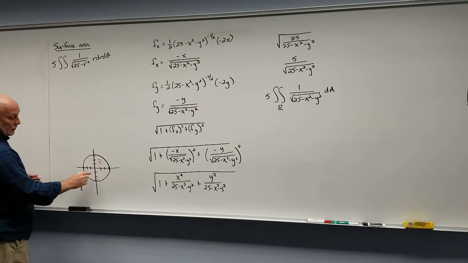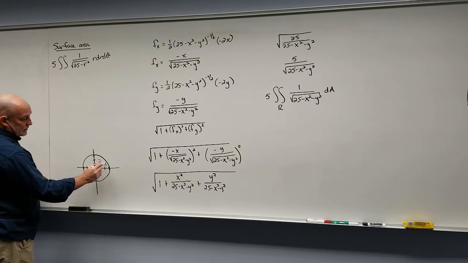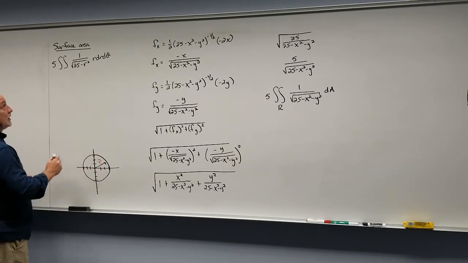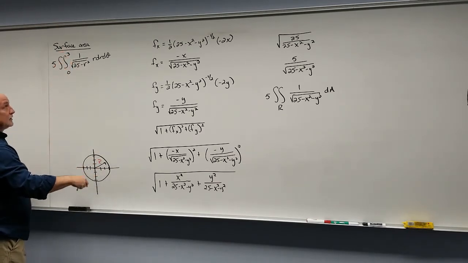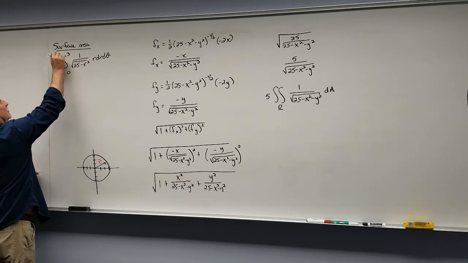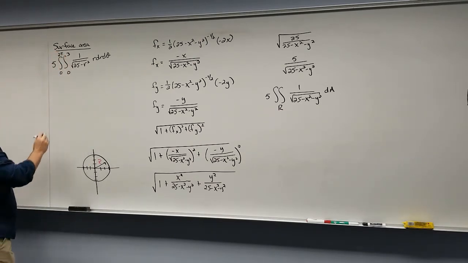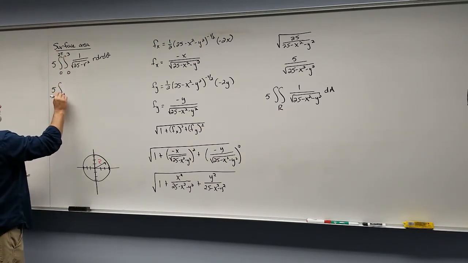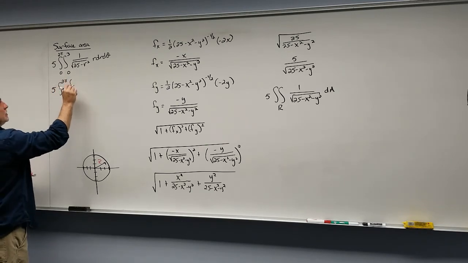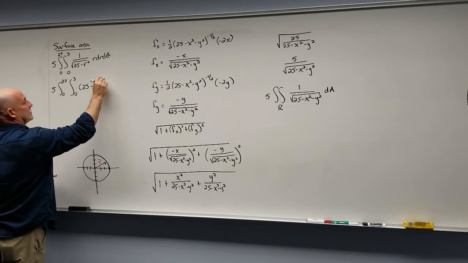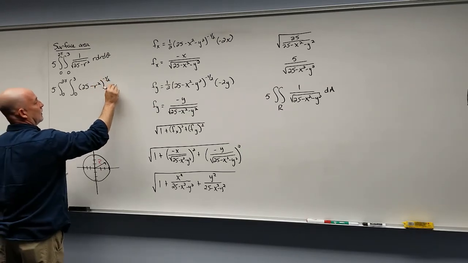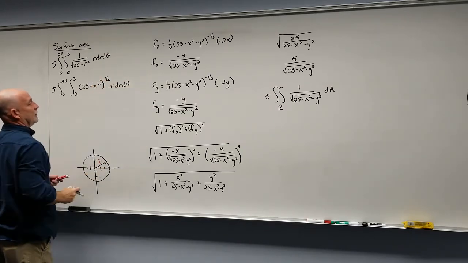Well, r is always going to run from 0 out to that circle, and that circle has a radius of 3, so this can go from 0 to 3. And to sweep out that entire region, theta is going to have to go from 0 to 2 pi. Okay, so 0 to 2 pi, 0 to 3, and I'm going to rewrite this as 25 minus r squared to the negative 1/2 r dr d theta.